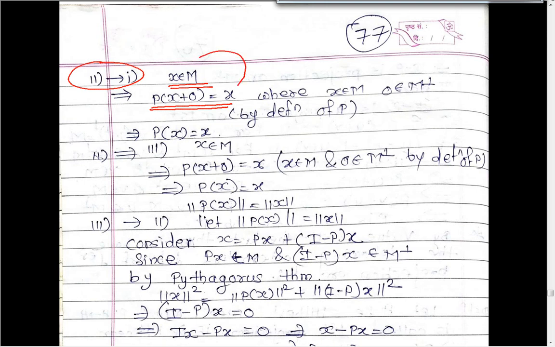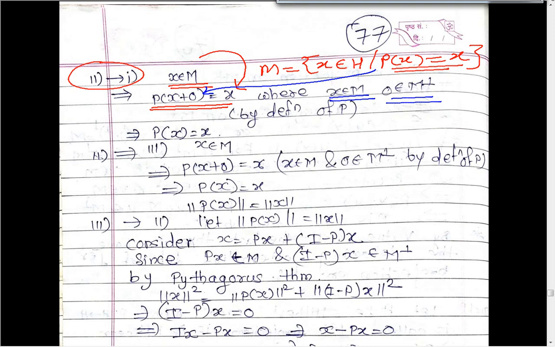Since P is projection on M, we have already seen what is range of projection. Range of projection is nothing but the set of those vectors which are fixed by P. So if x belongs to M, then we can write Px is equal to x. Hence Px plus 0 equals x, where x belongs to M and 0 belongs to M perpendicular. So this implies Px is equal to x by definition of P.